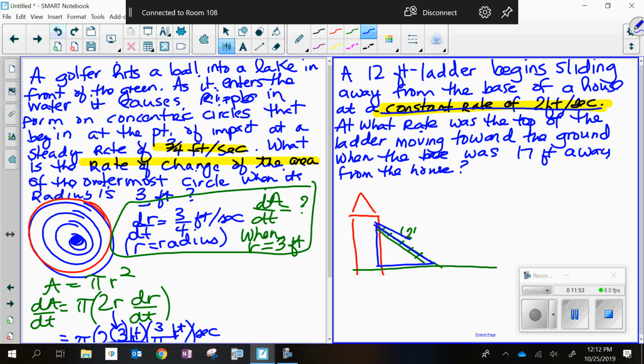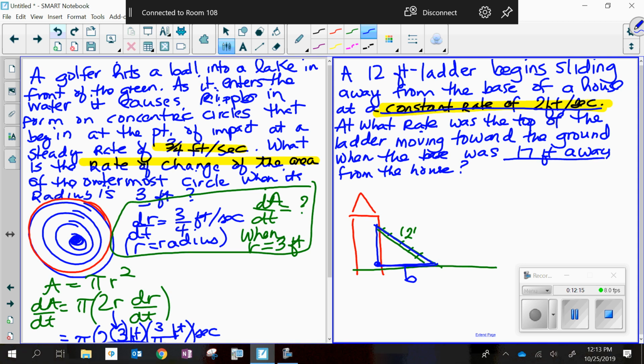So what part of my original triangle is B? From here to here is B. Just wait until we get everything identified. Now we also have 17 feet.